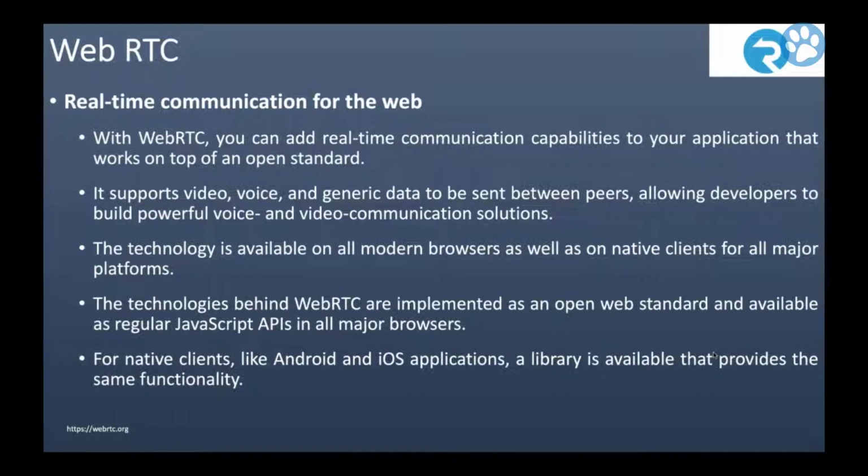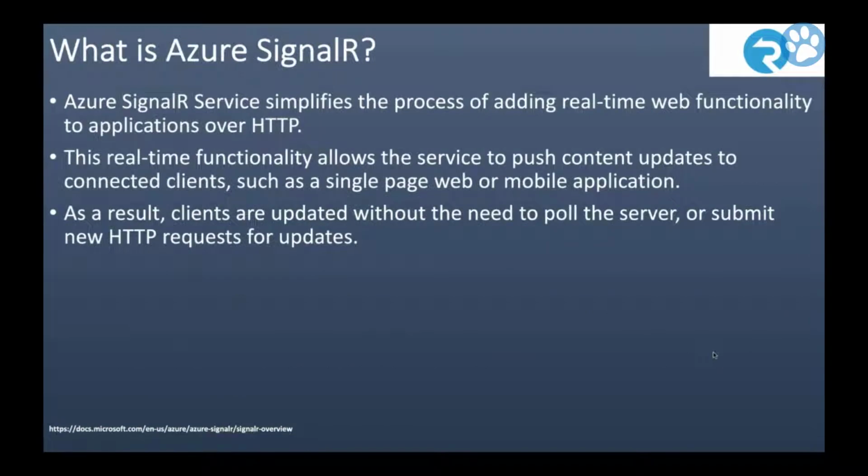Now, as we have these things supported by JavaScript, and if we are taking this application deployed on Azure, then why not have this available on Azure? It's a thought process, and Azure SignalR Service is actually doing the same thing for us. So what is this Azure SignalR?